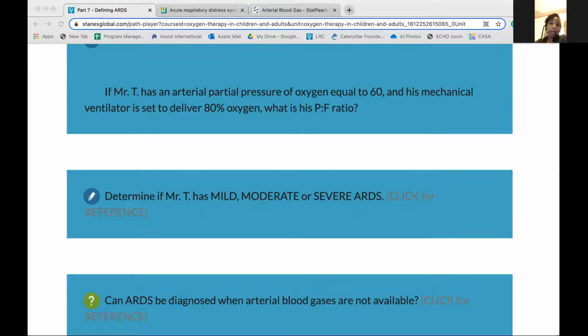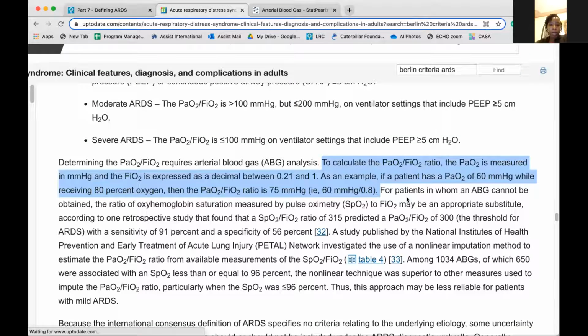Okay, I'll go with Caleb's answer, which is true. Mr. T has severe ARDS.